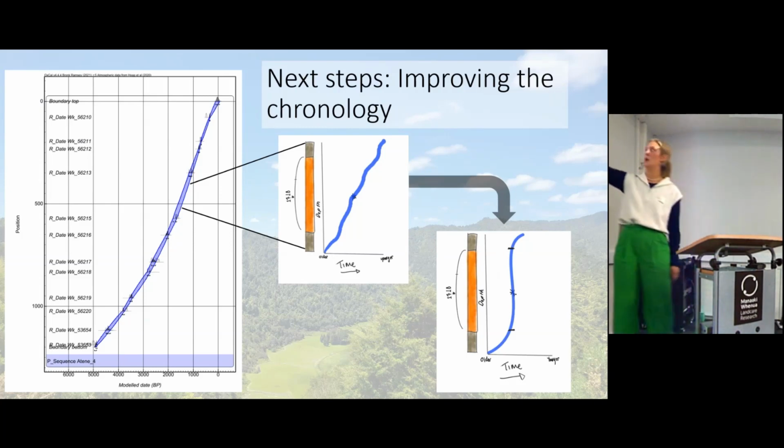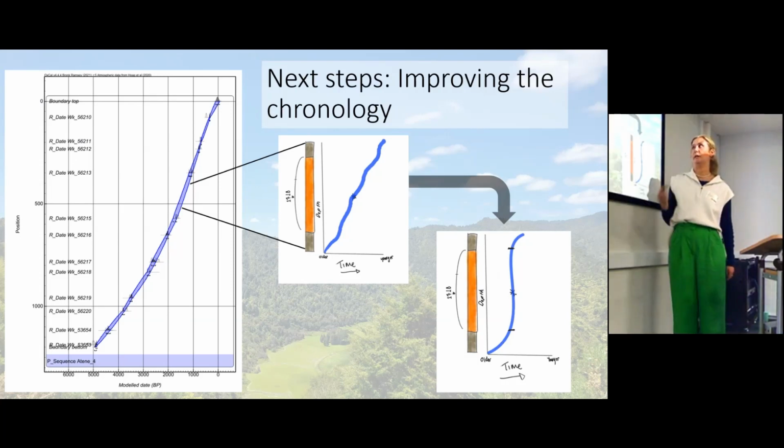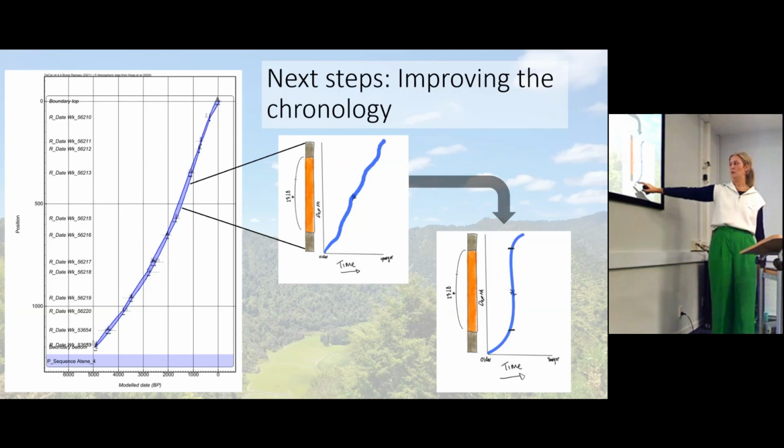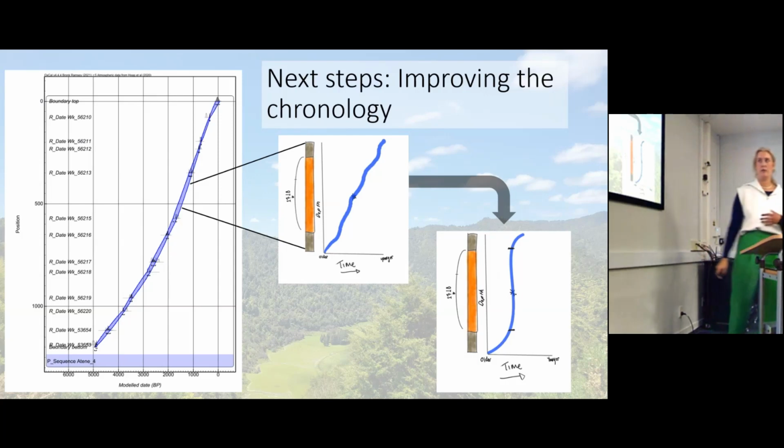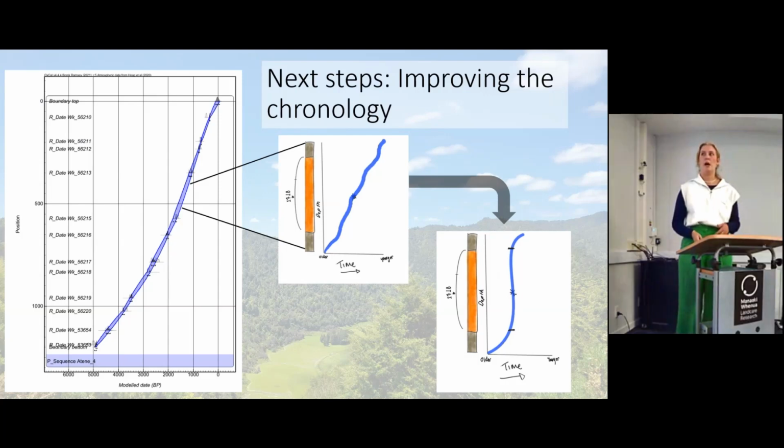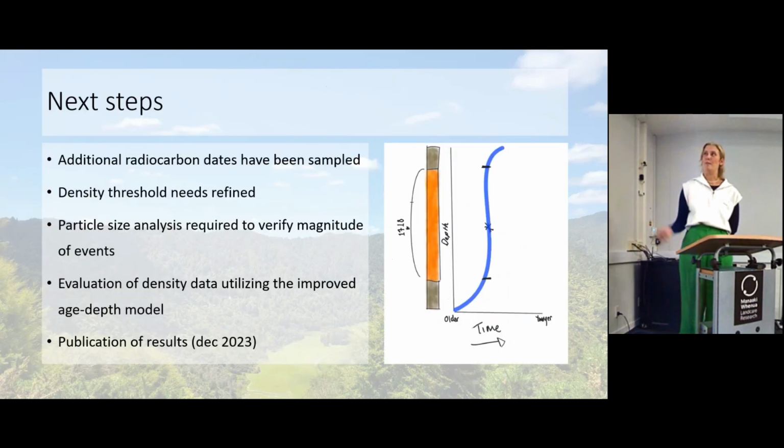So instead of modelling time passing through this period, using the Taupo eruption as an example, I need it to model that this is one moment in time and then continue on. That's what I'm working on at the moment over the next 4 weeks, hoping to get that done. Because I have sent away for additional radiocarbon dates, which are going to be filtered into this set of data.